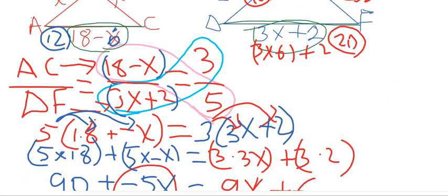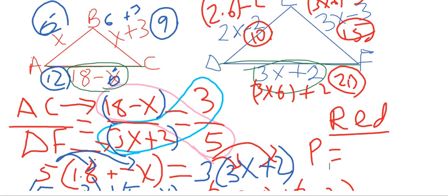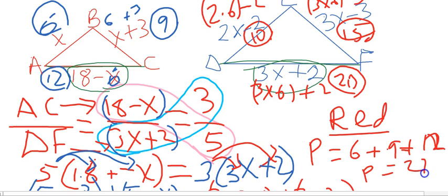Okay, so let's say for the red one, the perimeter is 6 plus 9 plus 12, which is 27.